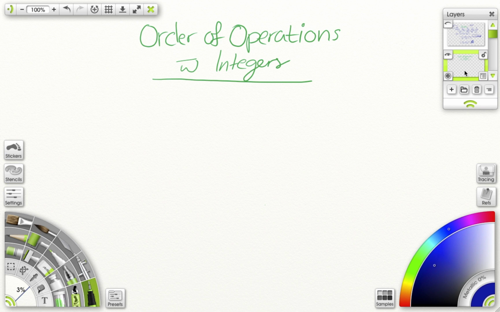So, you guys remember BEDMAS? We have brackets, exponents, division, multiplication, addition, and subtraction. So when it comes to integers, same process, you're just dealing with integer numbers. So let's do a couple practices.